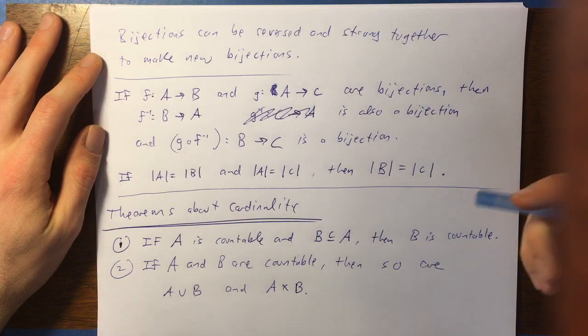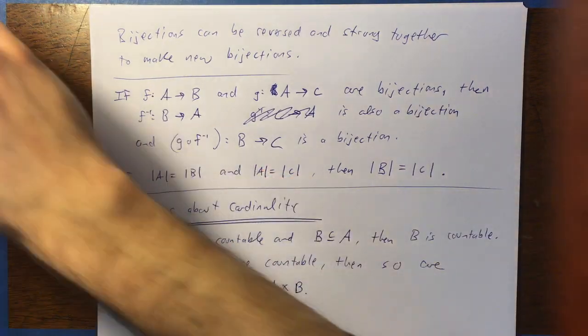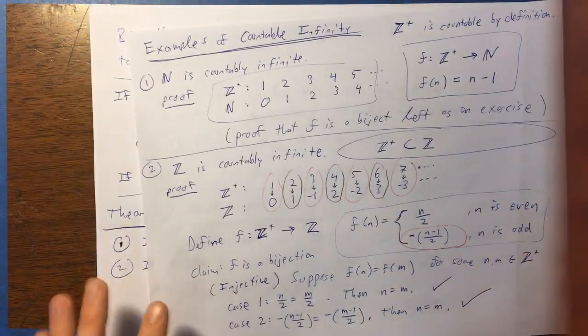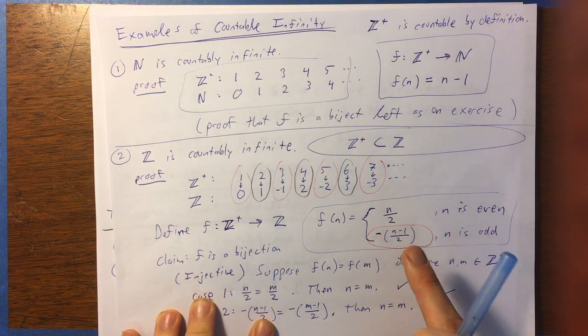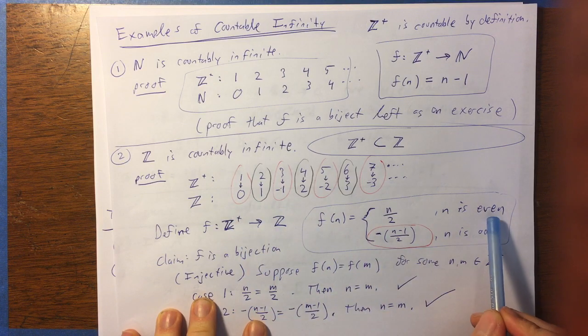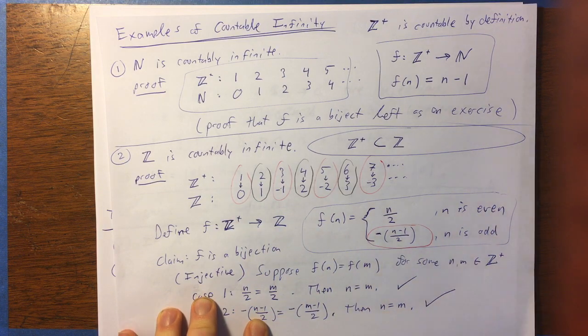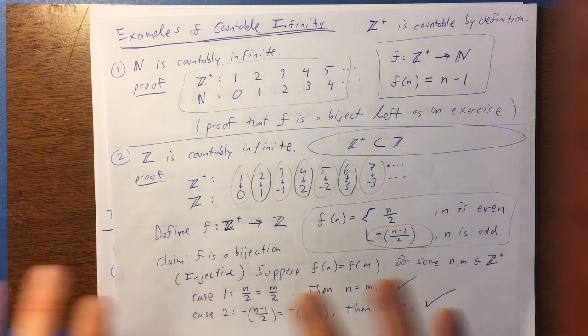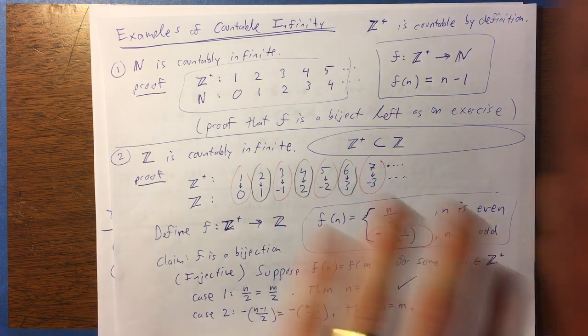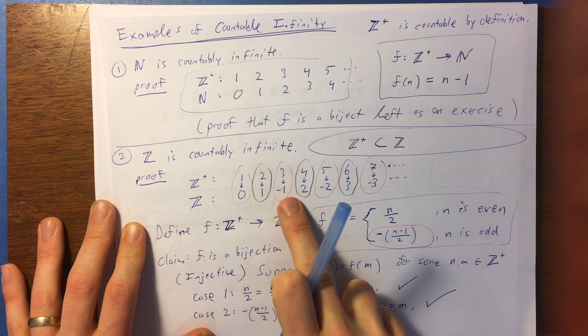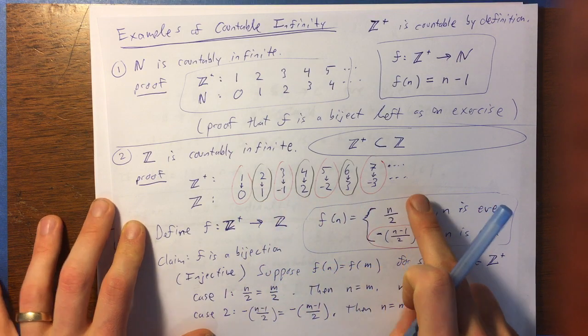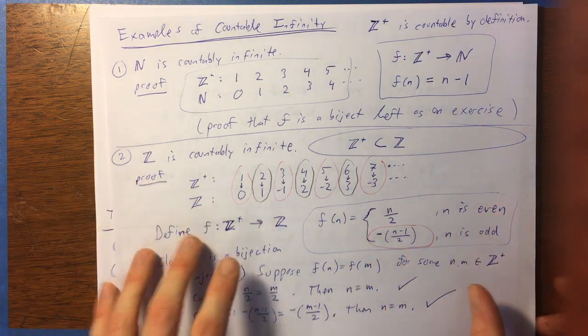But what you can do is a trick kind of like what we did with integers. Back when we were proving integers are countable, we said, let's map our even numbers to one place and our odd numbers to another place. We divvied up the integers and got this alternating back and forth between positives and negatives as we go back and forth between evens and odds.